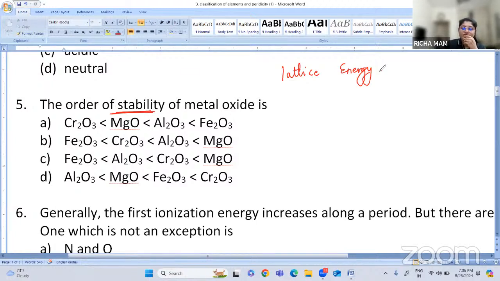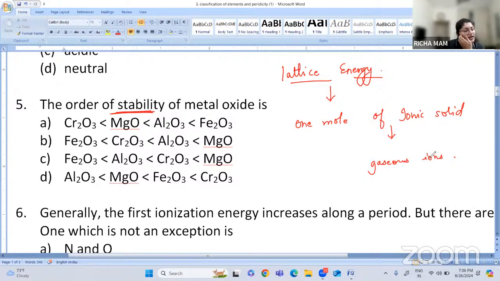And what is lattice energy, students? Anybody knows what is lattice energy? Did you hear about this word, lattice energy? Lattice energy means the energy which is required to convert 1 mole of ionic solid into gaseous ions.